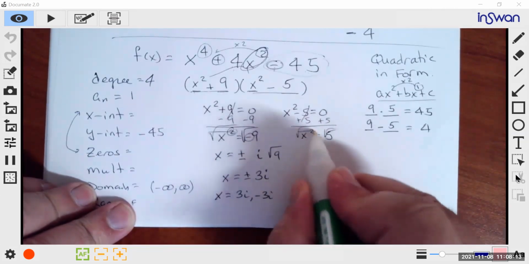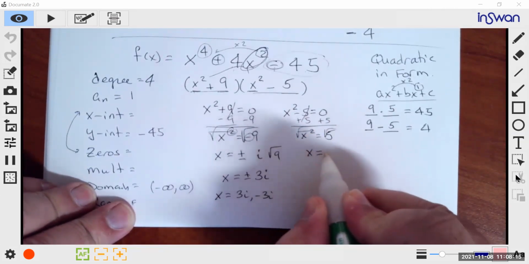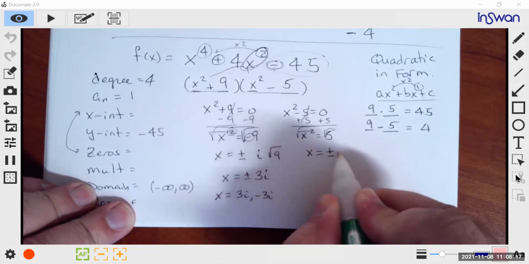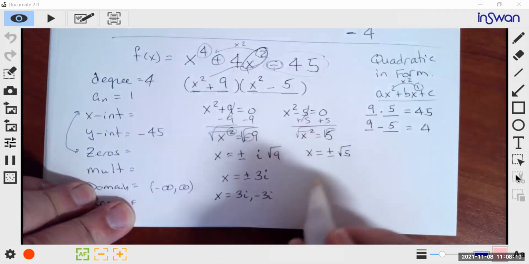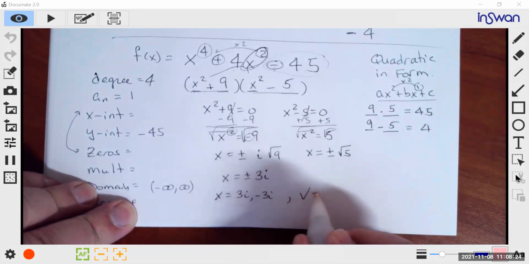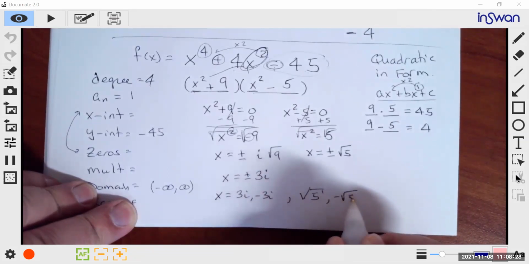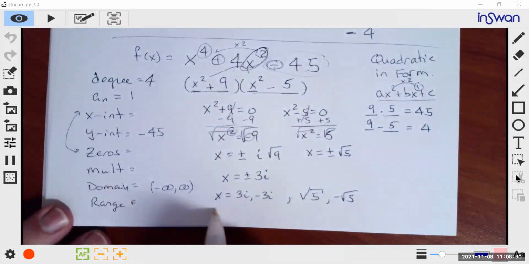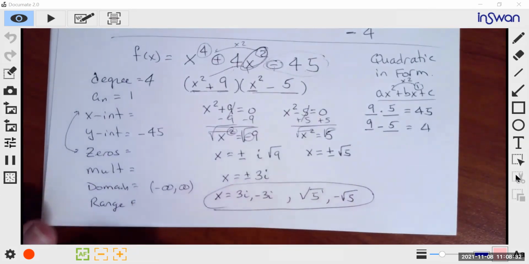Square root both sides. So you have x equals plus or minus square root of 5. So these are our 4 answers.